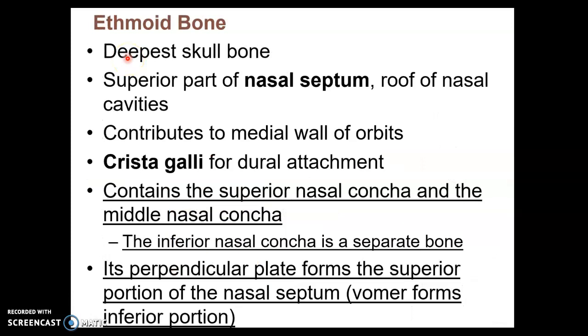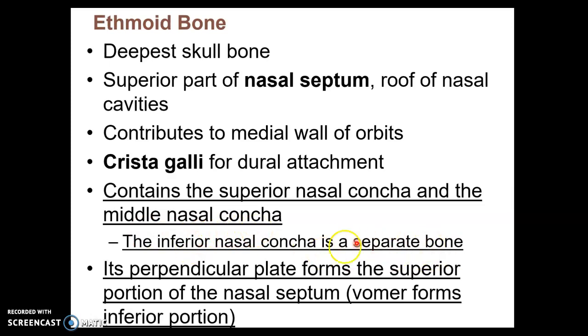The final bone of the cranial bones is the ethmoid bone. There's some important parts to it. I'll just read through it quickly and then we'll actually see it on a picture. It's the superior part of the nasal septum. I will show you that. The crista galli is an important landmark of the ethmoid bone. It contains the superior and middle nasal concha, not the inferior nasal concha.